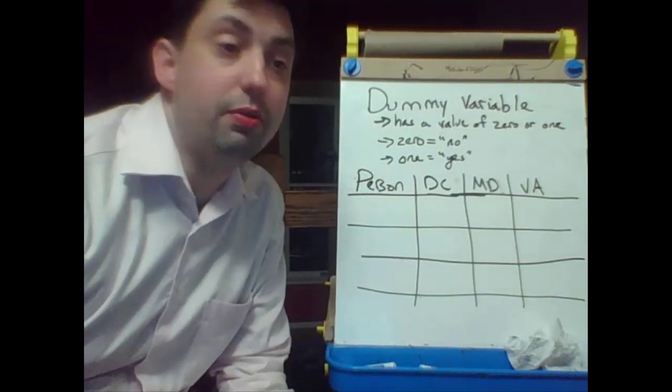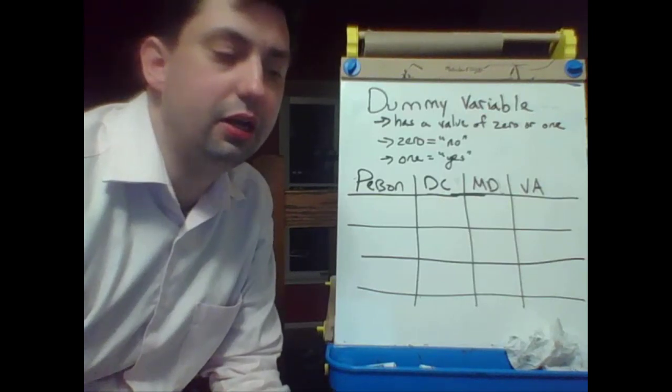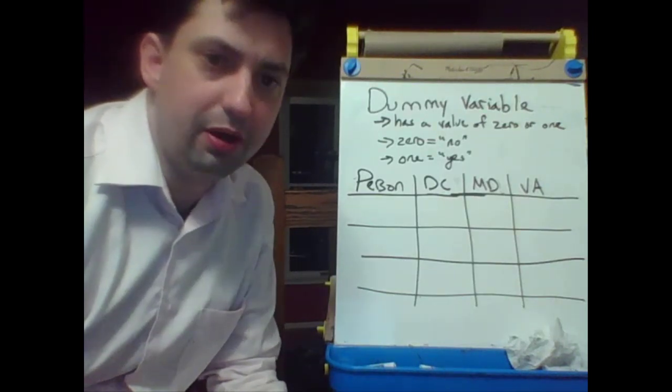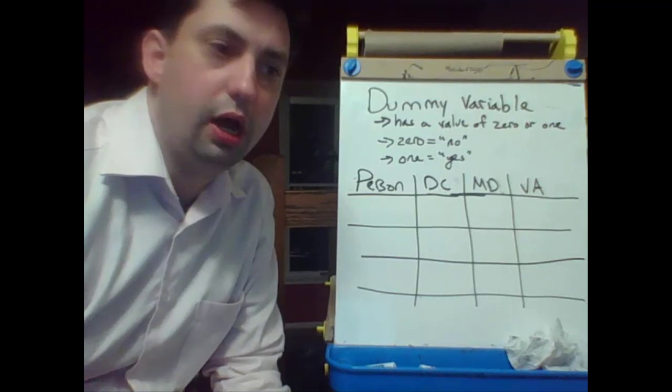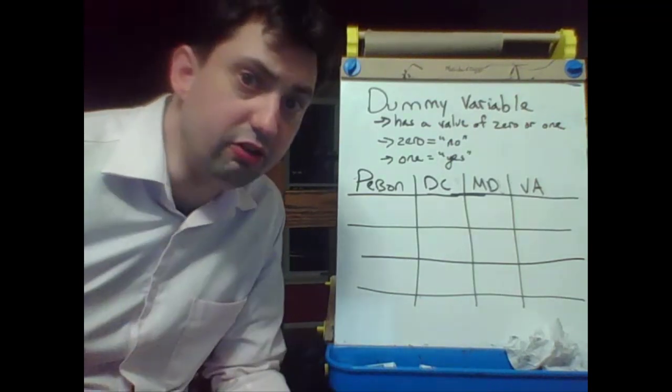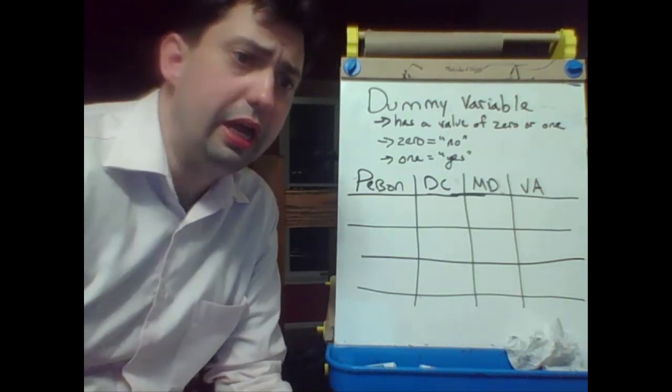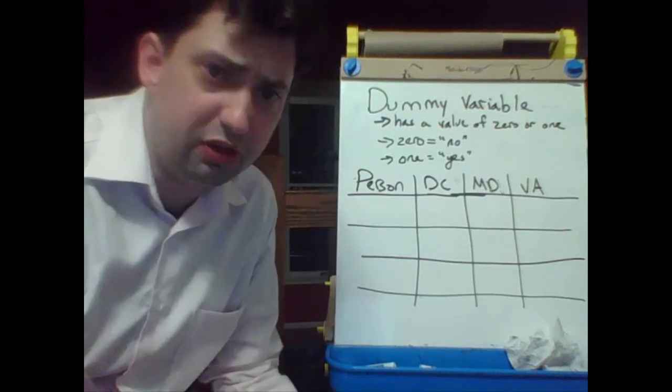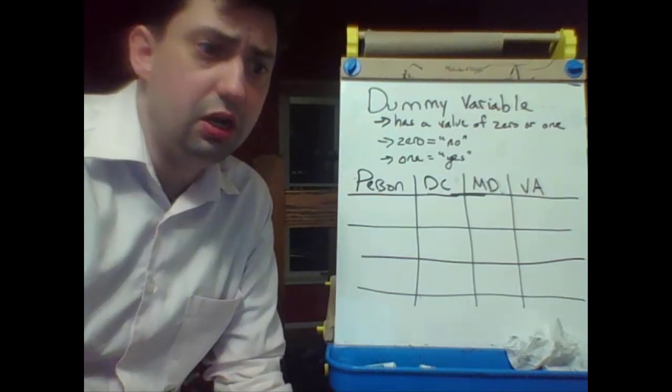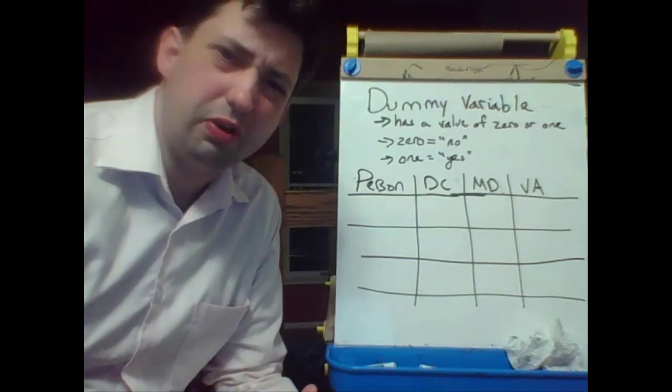So rather than saying male or female, or has been to jail, has not been to jail, or faces bankruptcy or does not face bankruptcy, those are categorical variables.